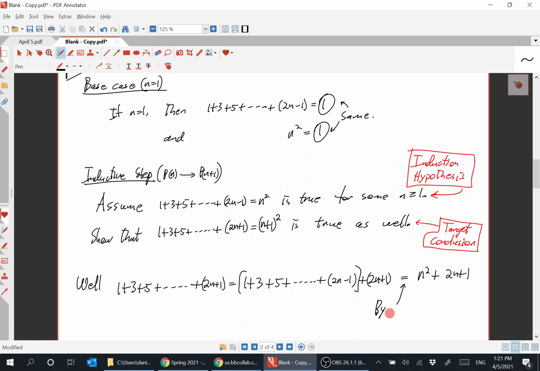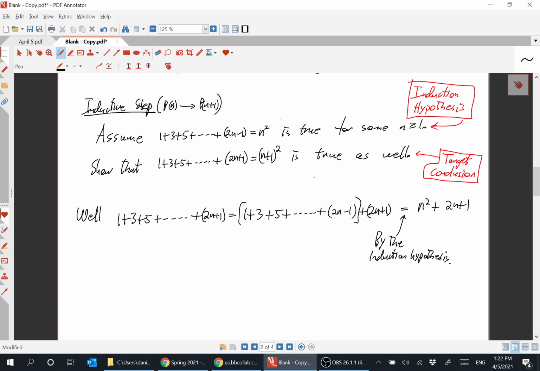And you must say that. You must state explicitly where it is used. And then n squared plus 2n plus 1 is just equal to n plus 1 squared via algebra, as required.